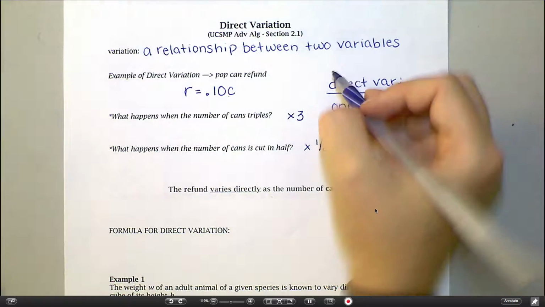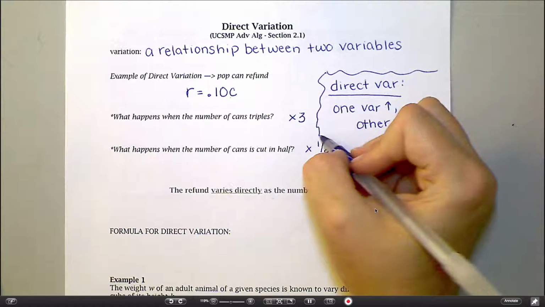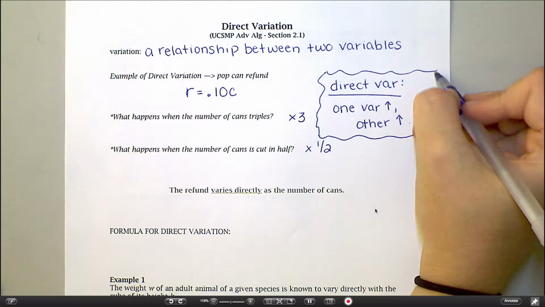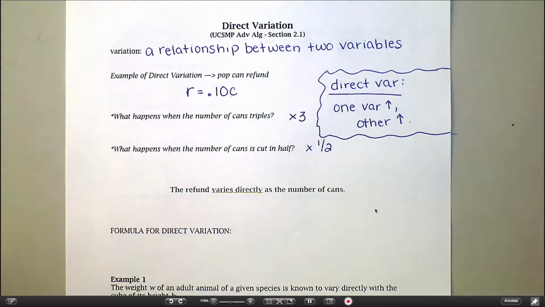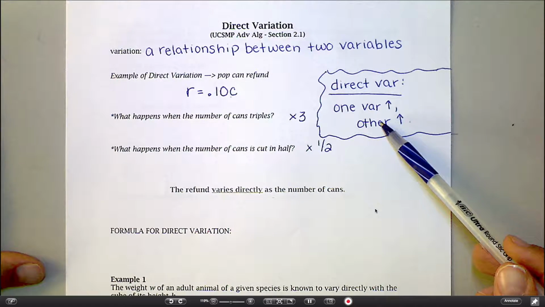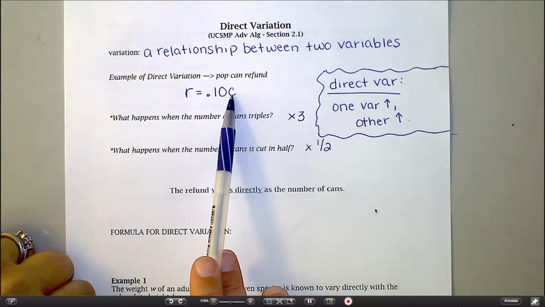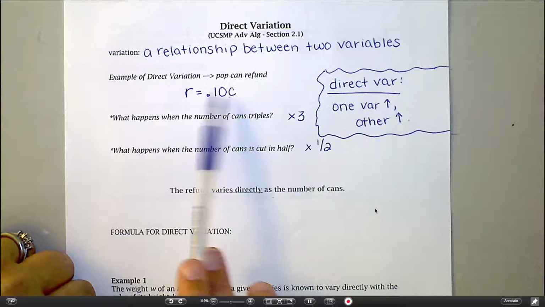Okay? So that's important to know that with direct variation, your variables are linked in a way that when one gets bigger, the other one gets bigger. And in simple direct variation, which is really what we're talking about today, the relationship is exact. So when this triples, this triples. When this cuts in half, this cuts in half.